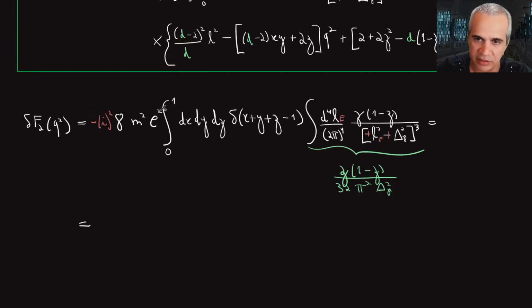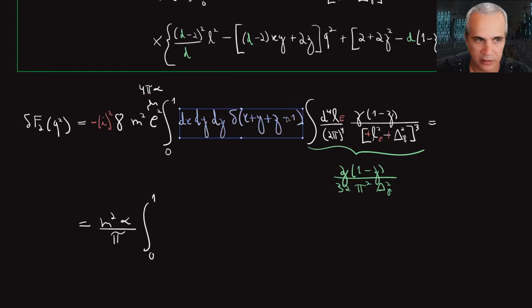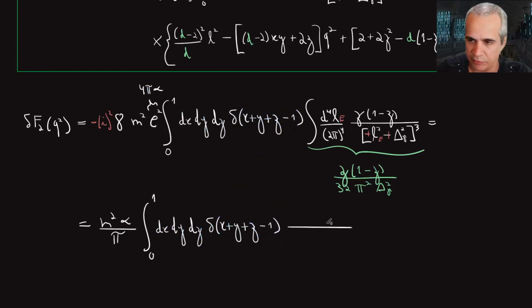I'll exchange this e squared for 4 pi alpha, so that becomes m squared alpha over pi. This absorbs a lot of the powers of 2 and pi. And you're left with the integral over the Feynman parameters of z times 1 minus z. And then, of course, I have to write delta explicitly because delta depends on the Feynman parameters.